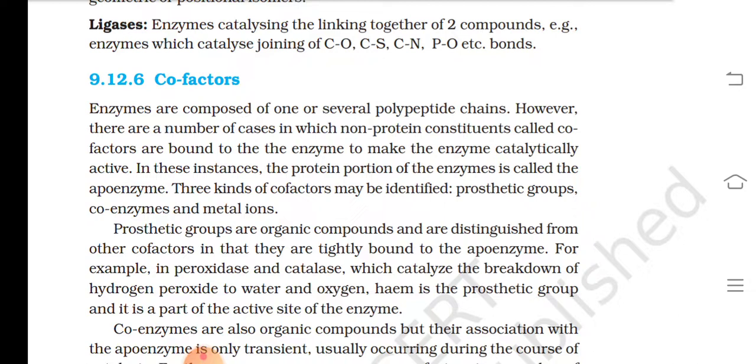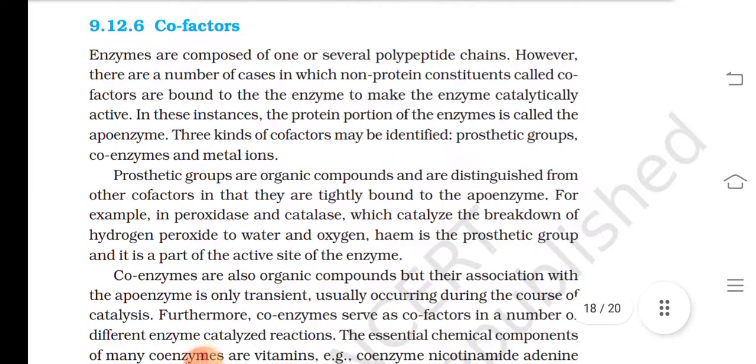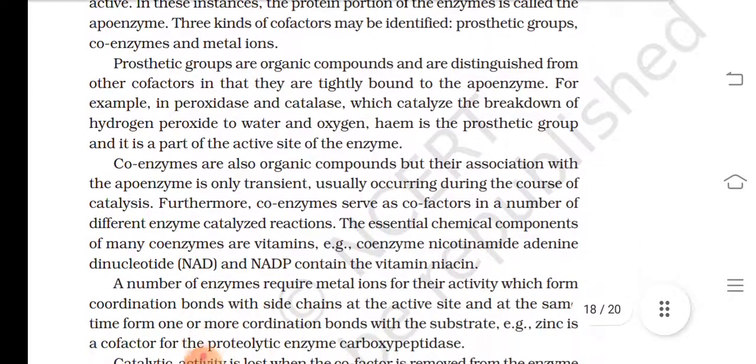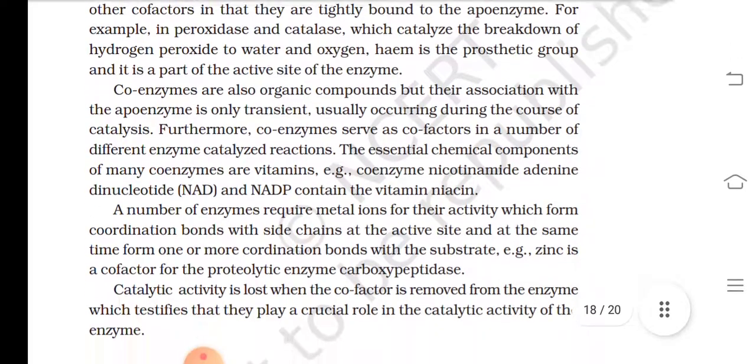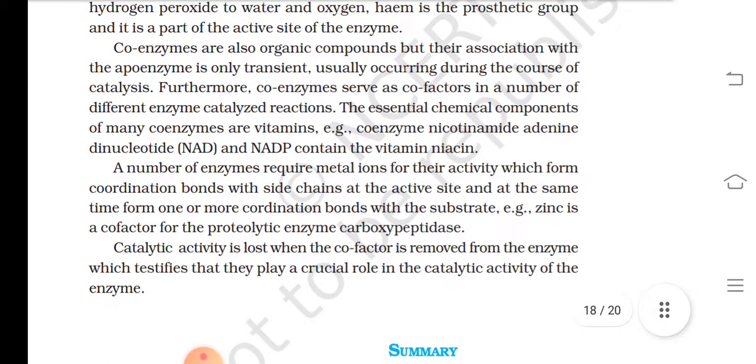to the apoenzyme. For example, in peroxidase and catalase, which catalyze the breakdown of hydrogen peroxide to water and oxygen, heme is the prosthetic group and it is a part of the active site of the enzyme. Coenzymes are also organic compounds, but their association with the apoenzyme is only transient, usually occurring during the course of catalysis.